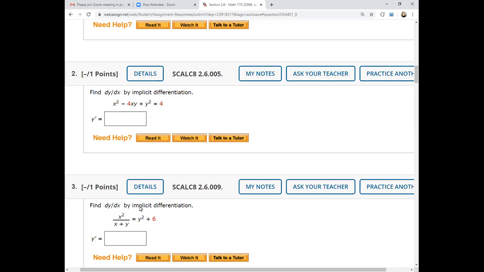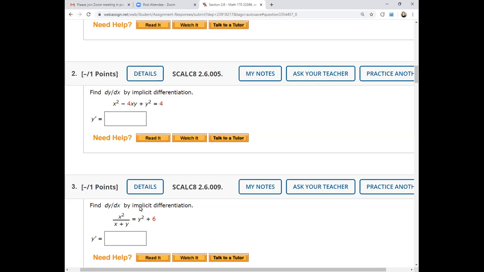Okay? Now I have to clean this up, and I have to isolate dy dx. So I have 2x minus 4y minus 4x dy dx plus 2y dy dx is equal to 0. Now what I'm going to do is keep the terms with dy dx on the left side, and I'm going to move the other terms over.